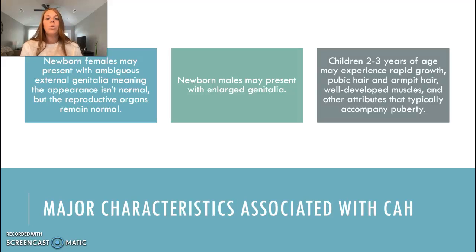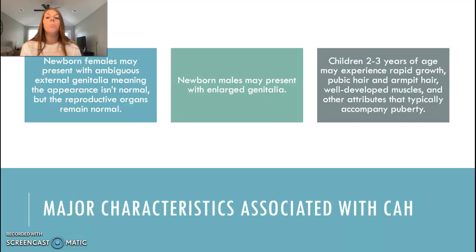So they don't have the normal labia, things like that a normal newborn girl would have. With that being said, their internal reproductive organs, our ovaries and our uterus, are still going to be the same. So they're going to still be natural anatomy in that regard.